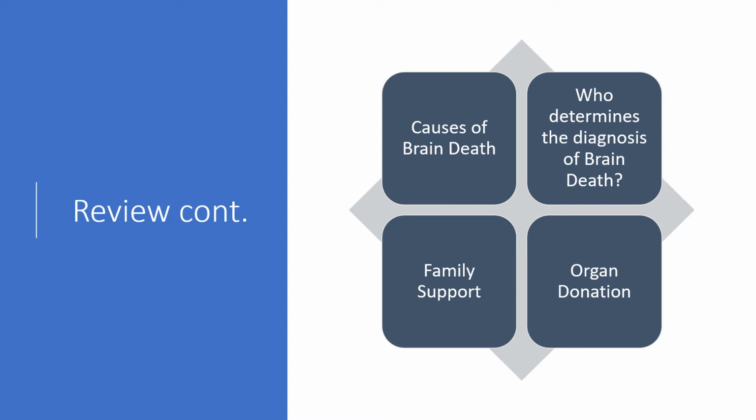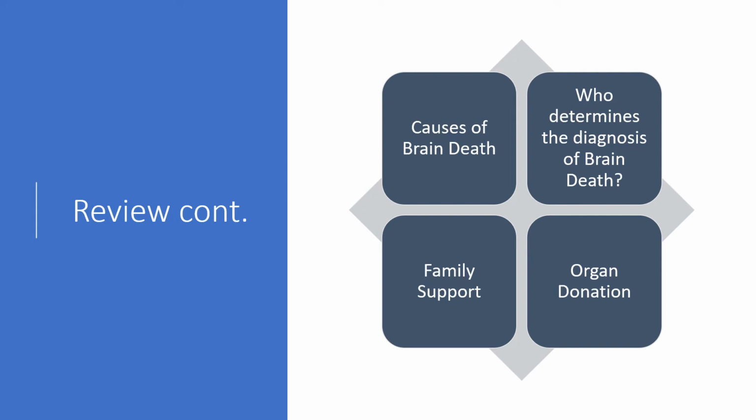Before we reach the level of having confirmatory tests, we have to do certain things. First of all, what is the cause of brain death in this individual? Then, who is going to make that determination that there's brain death already?